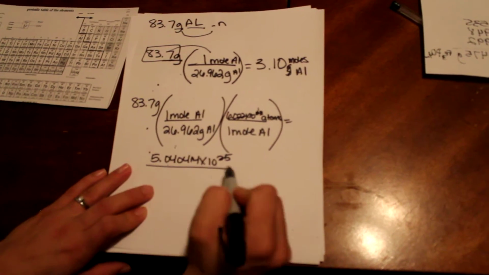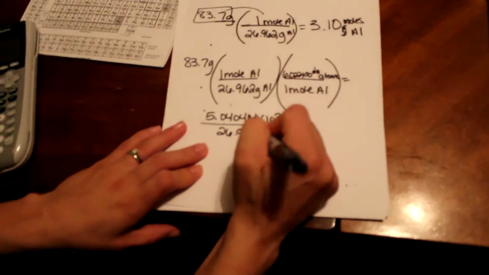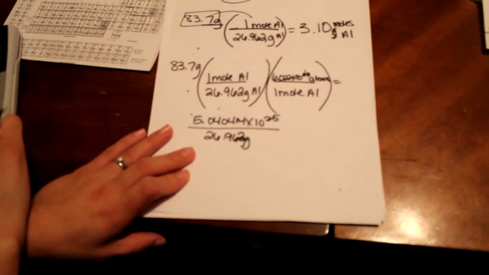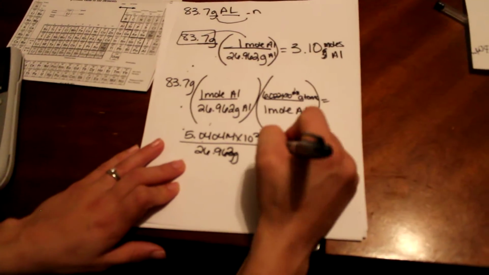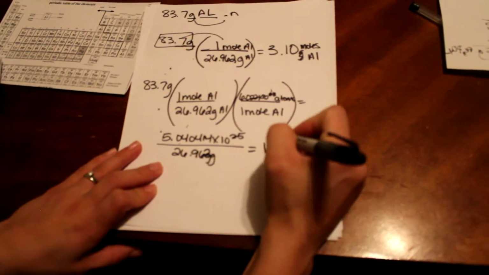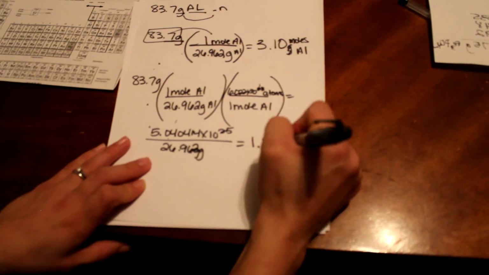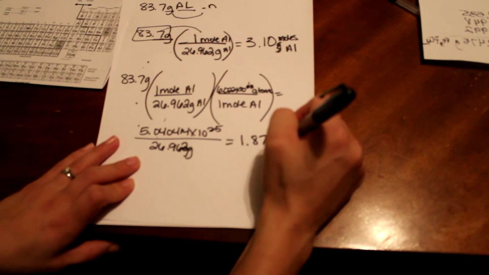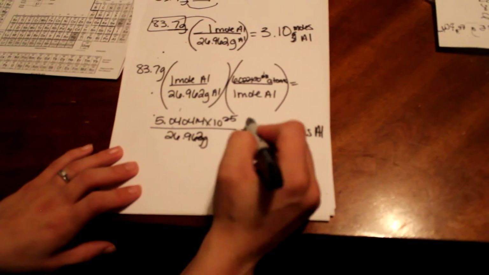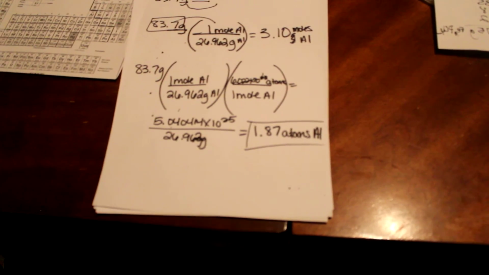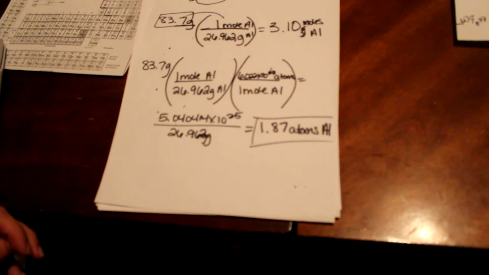So now you divide this number by 26.962, and that will equal 1.87 times 10 to the 24th atoms of aluminum. And that is your final answer. And that is how you do molar mass and conversion. Thank you.